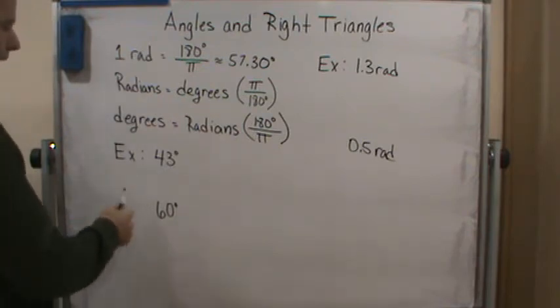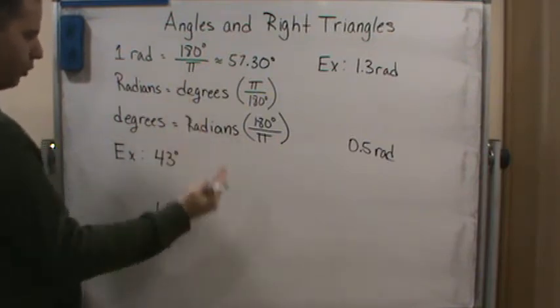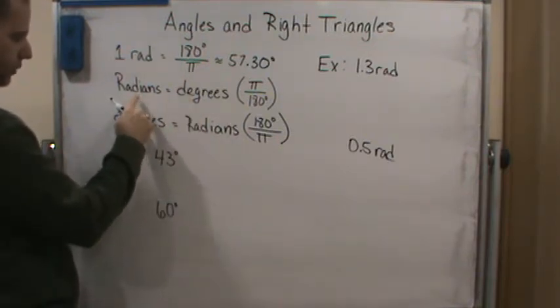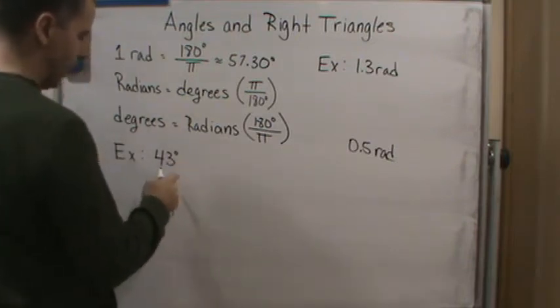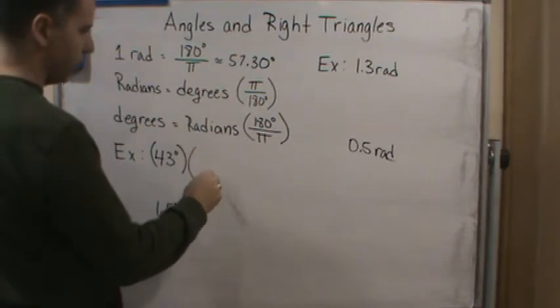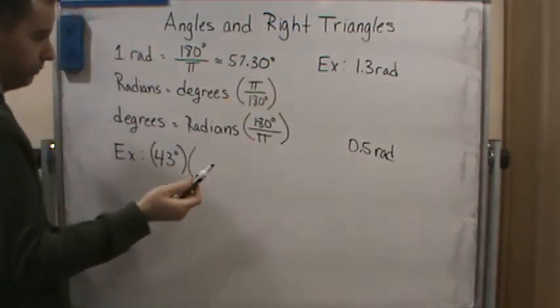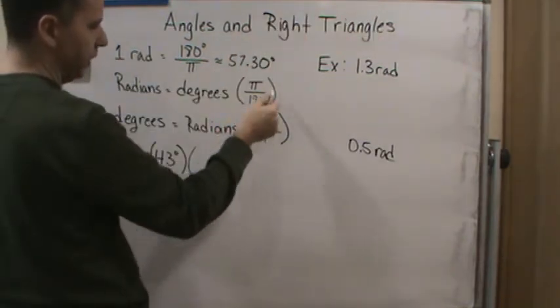Now, in this example, I'm going to go from degrees to radians. Since I want to go to radians, this is what I want to use. I'm going to take the degrees and multiply by this conversion factor, this unit ratio.